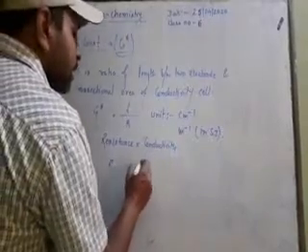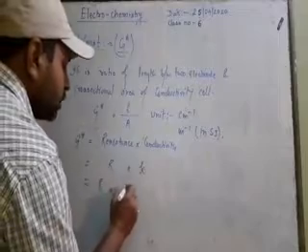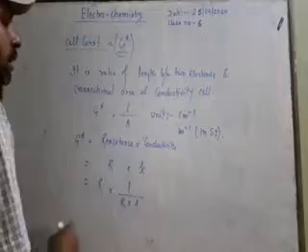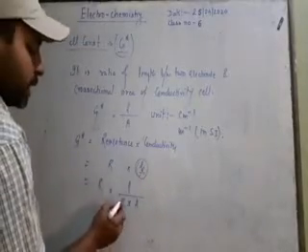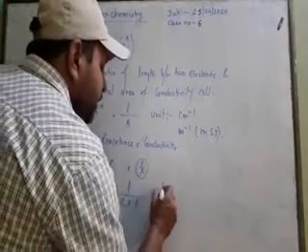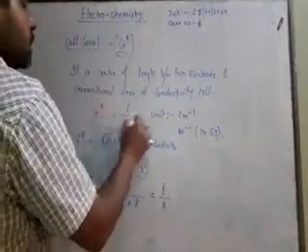Now students, R equals L by kappa into A. It's the formula of kappa. Then by cancellation of resistance and resistance, we get L by A, which is the formula of cell constant.